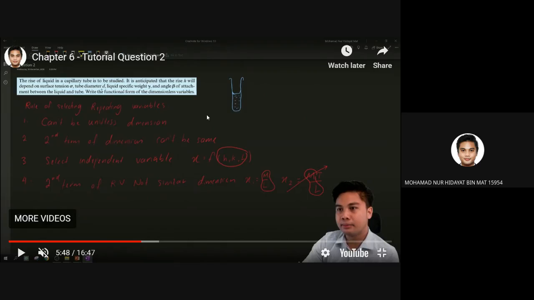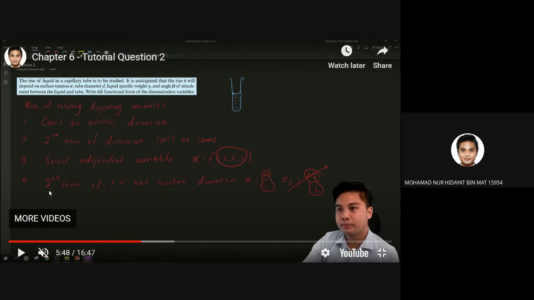Number two, the second terms of dimension cannot be the same. For example, when we select length, for the second repeating variable we select the diameter. Length and diameter have the same dimension, so we cannot select the same dimension in the repeating variables. Number three, select independent variables only. When we want to select the repeating variable, select inside the bracket, for example H, K, and L. We shall not select the dependent variable.